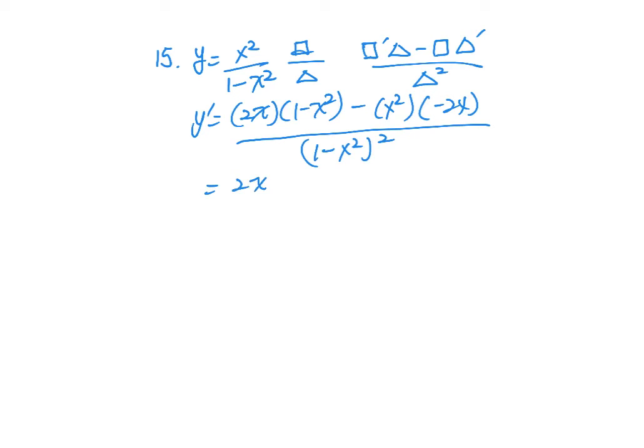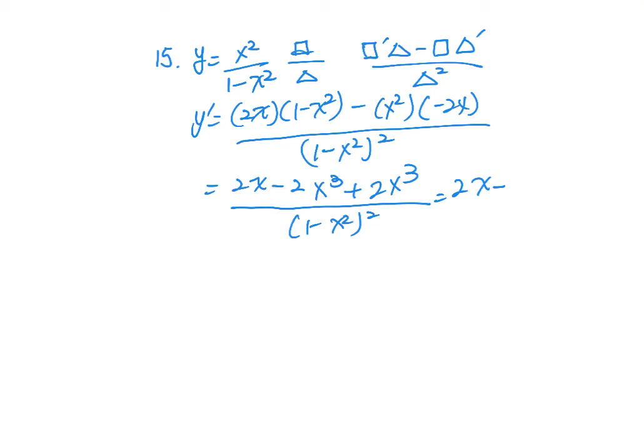Simplify that. 2x minus 2x cubed plus 2x cubed, all over 1 minus x squared, squared. Then we'll have 2x, I guess they cancel. So the only thing left is just 2x over 1 minus x squared, squared. That might be the answer.